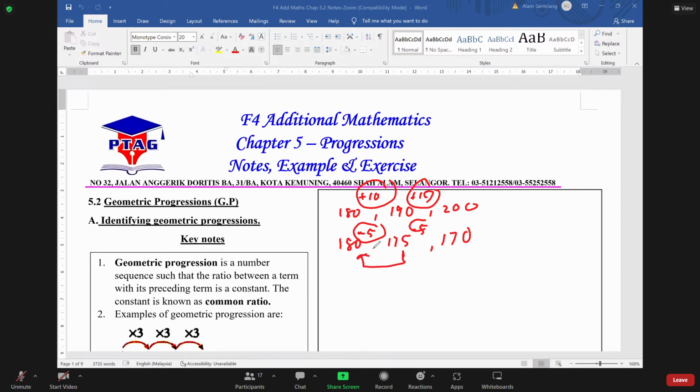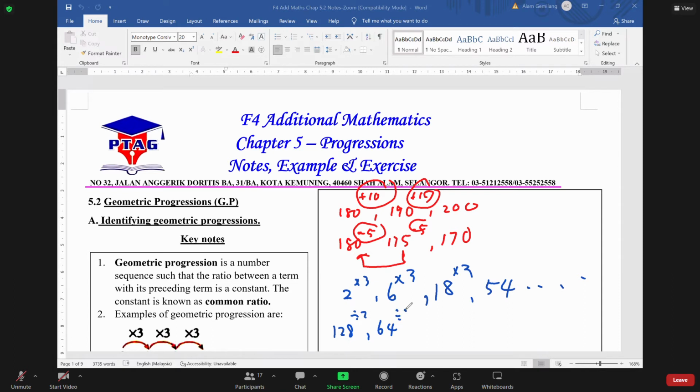This is the difference between two numbers, right? But for geometric progression, you multiply a number. Let's say you start from 2, you times 3, so it becomes 6. Then times 3, become 18. Then times 3, become 54, and so on, right? Or you have a very big number, 128. You divide by 2, it becomes 64.